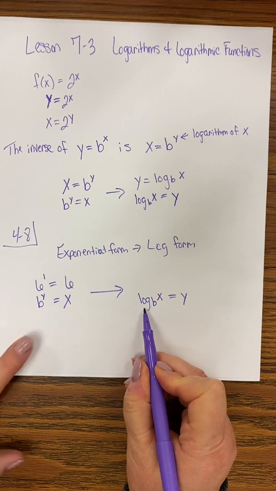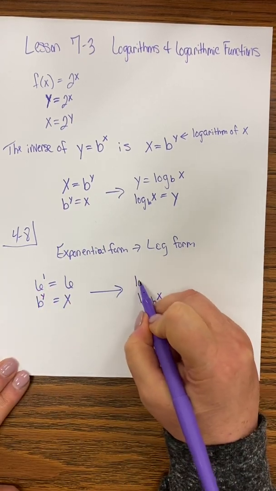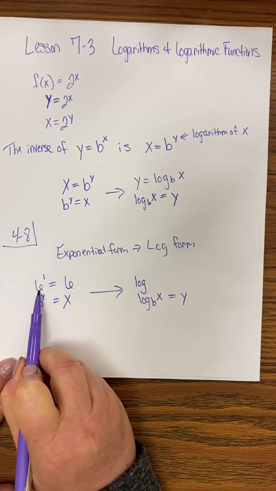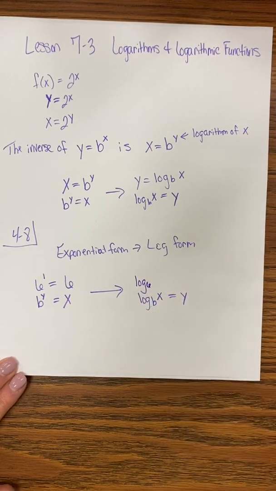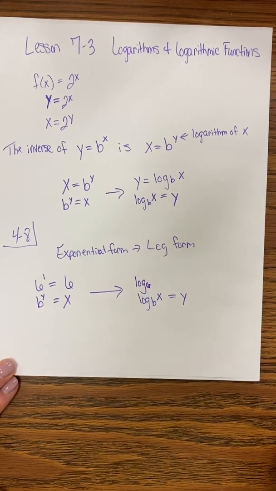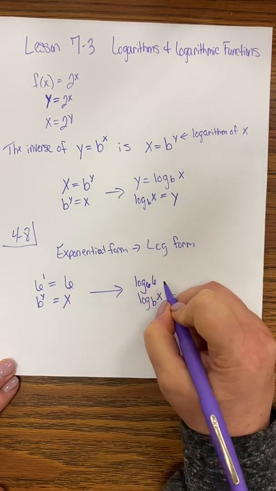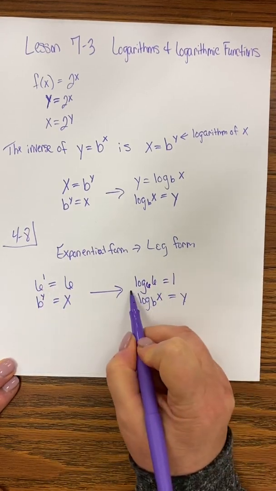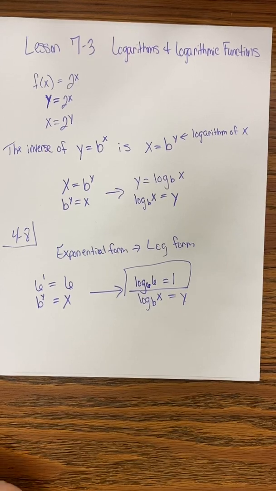So you take all these pieces and put them in log form. It's going to be log b, and b was the 6, so that's the little number like a subscript below log. X was this 6, equals y, which was the 1. And that is your answer. That's now in logarithmic form.